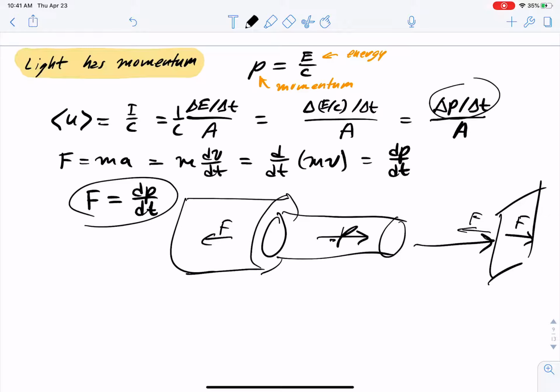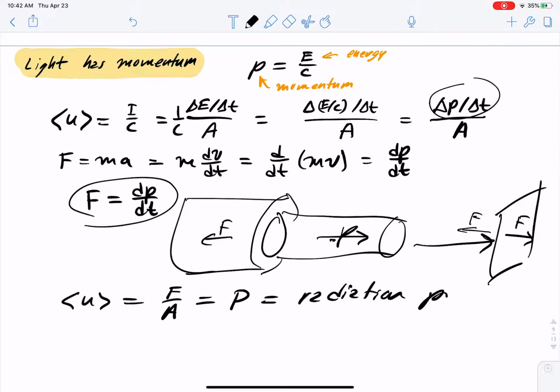It's really interesting, but this thing is the force per area, so it's a pressure. It's called the radiation pressure. So it's interesting: it's just the energy density, but it's also the radiation pressure, which is kind of nice.